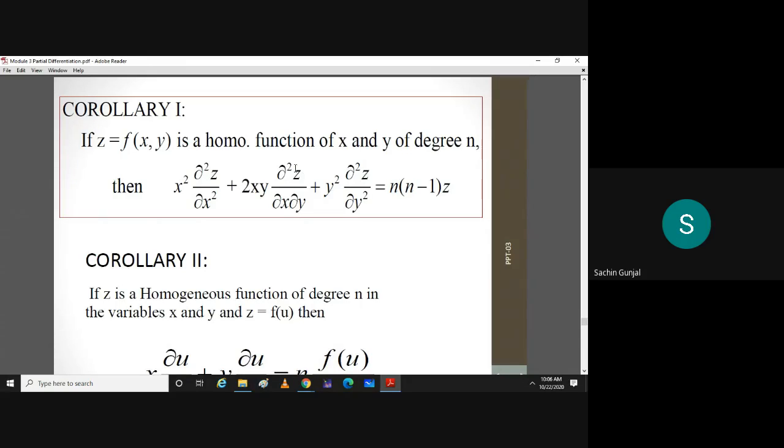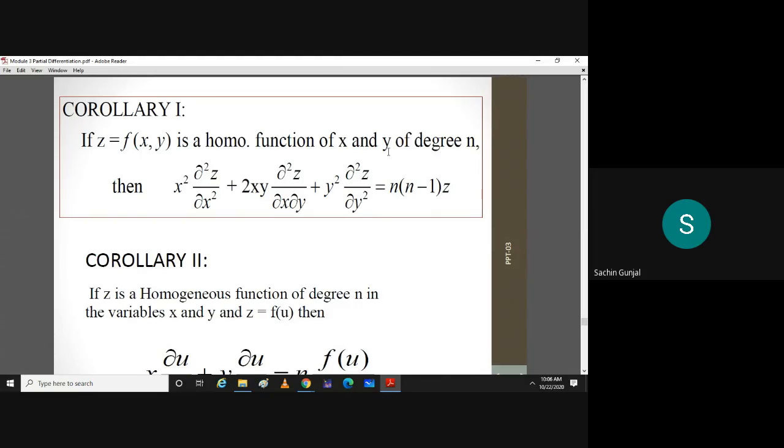Is the statement clear? Yes. So if I ask you, say u is equal to x cube plus y cube, and the question is find x square ∂²u/∂x² plus 2xy ∂²u/∂x∂y plus y square ∂²u/∂y².